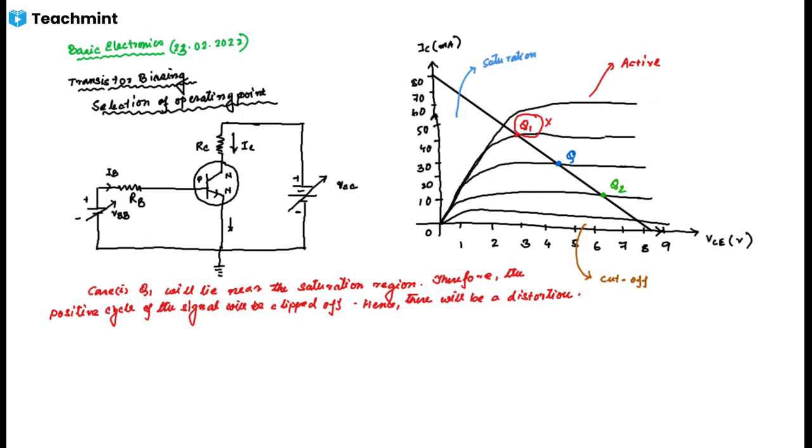Now the next is our case 2, that is the Q point.